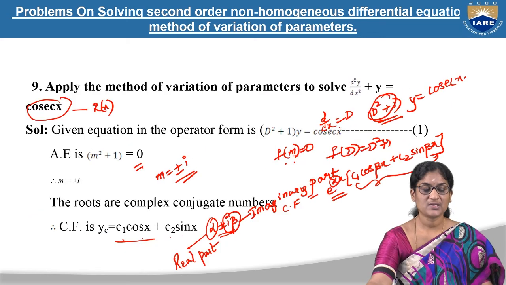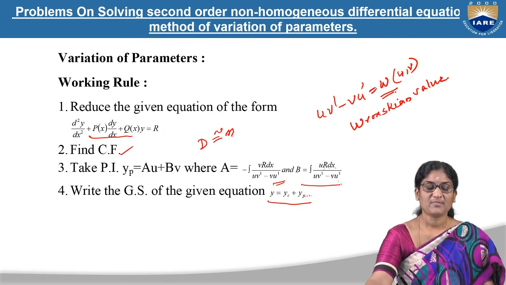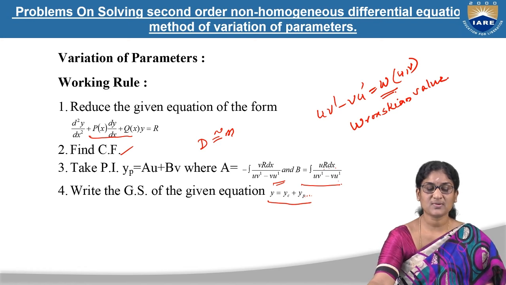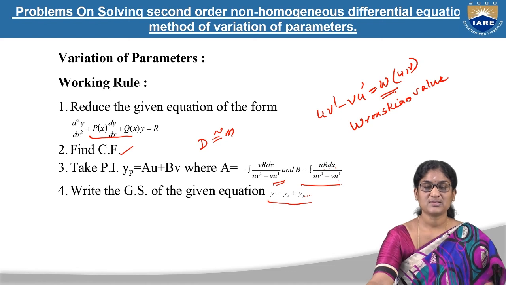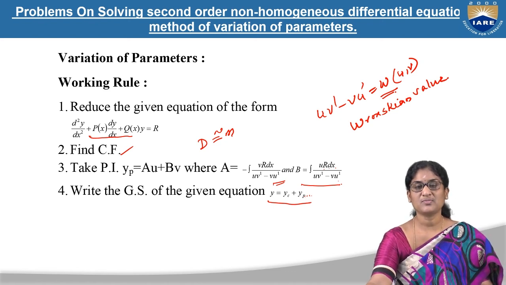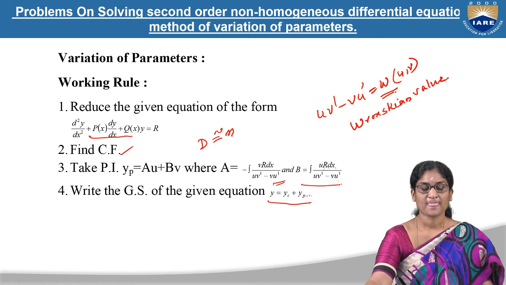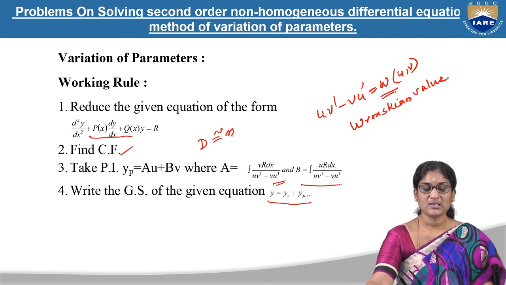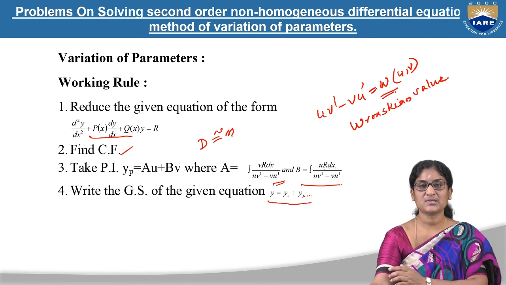So let us recapitulate once again. Before winding up, we have to reduce the given equation to standard form, that is d square y by dx square plus p into dy by dx plus q into y is equal to r of x. This is one of the methods of solving non-homogeneous differential equations. First we have to find the complementary function. After getting the complementary function, we get two coefficients.